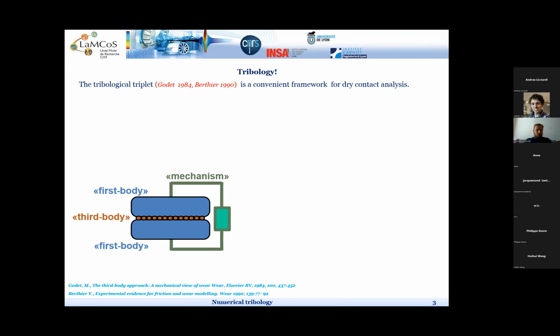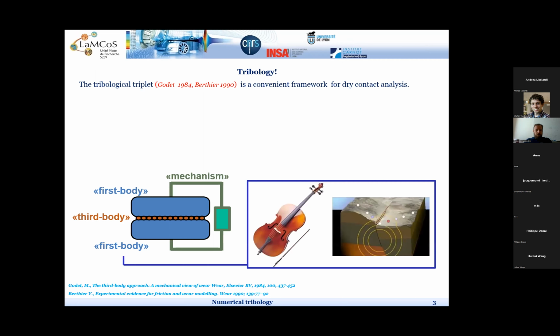And that's the object of the so-called Tribological Triplets, which was conceptualized about 40 years ago. This concept says that to understand a contact, we need 3 scales. Obviously, we need the scale of the 2 bodies in contact here. We call them the first body in this framework. So that would be a cello and a bow, for example, or the 2 walls of a fault.